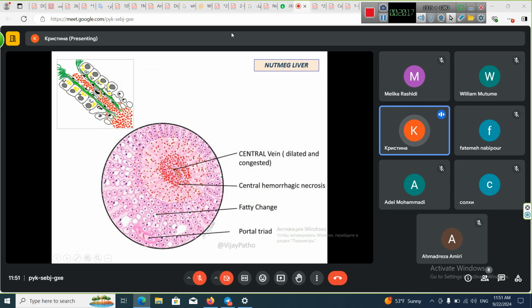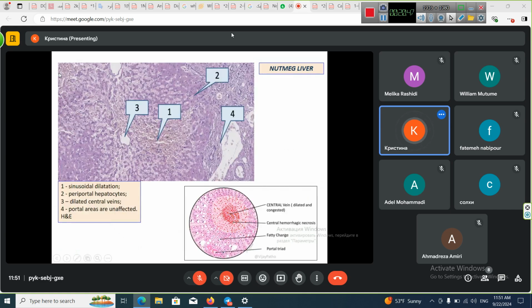Here we see the fatty change, fatty degeneration of hepatocytes, which means accumulation of lipid droplets inside their cytoplasm, because lipid is not converted into ATP because of failure of mitochondria, because of lack of oxygen. And here around the portal triad areas, we will also have fibrosis, overgrowth of connective tissue.